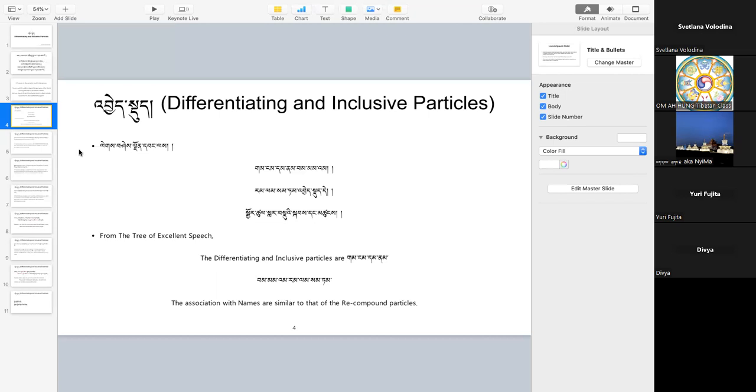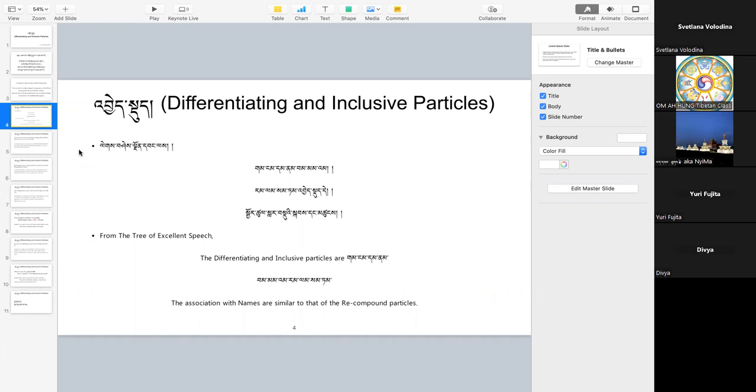And the association of these 11 particles with their respective names is similar to that of the recompound particle that we already discussed, which we will discuss again while discussing the association of these particles on the basis of the suffix letter.